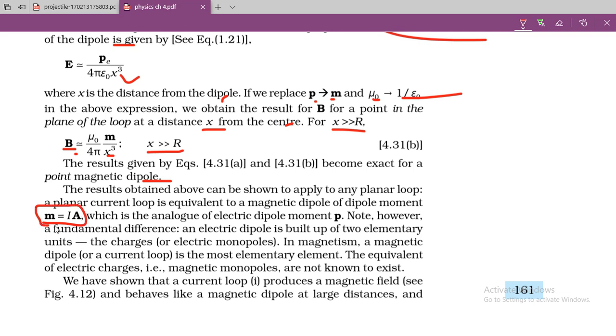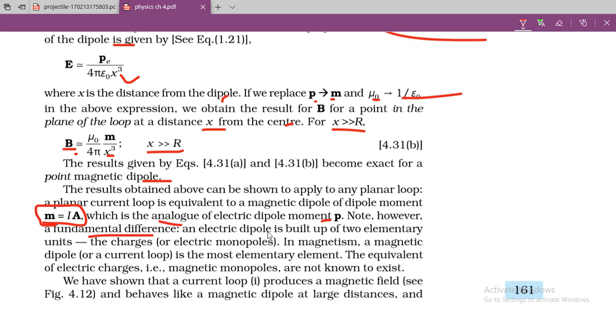I hope you understand. This is analogous to the electric dipole moment p. Note, however, a fundamental difference. Now we are going to find out the fundamental difference between electric and magnetic dipoles.